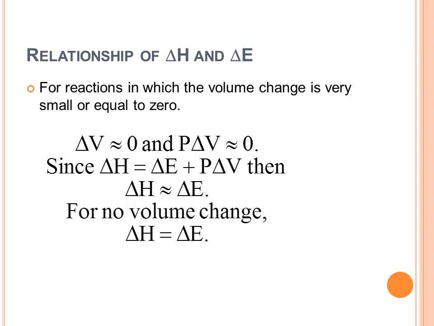Now, in many cases, a reaction that's open to the atmosphere in the room, the volume change is very small or equal to 0. So if delta V is approximately 0, then P delta V is approximately 0. And so delta H is approximately equal to delta E because that P delta V term drops out.